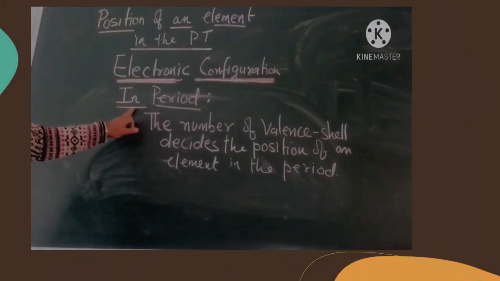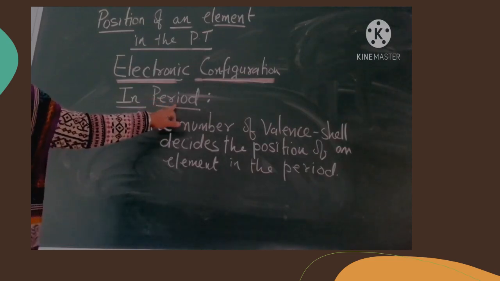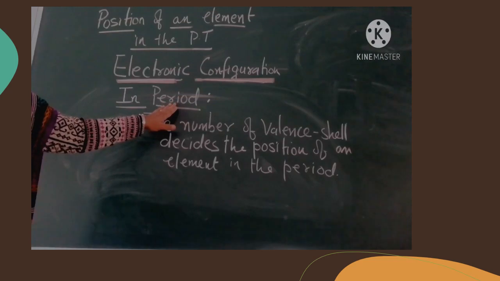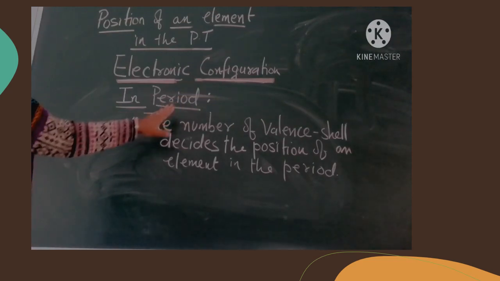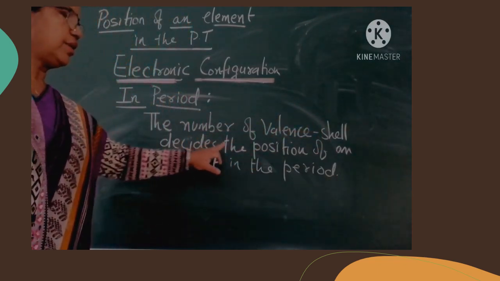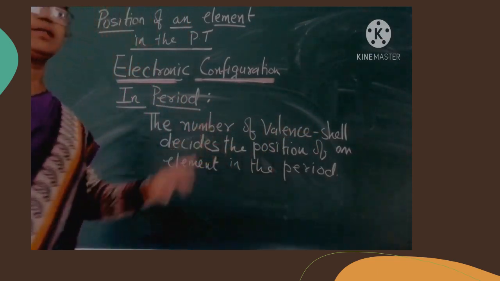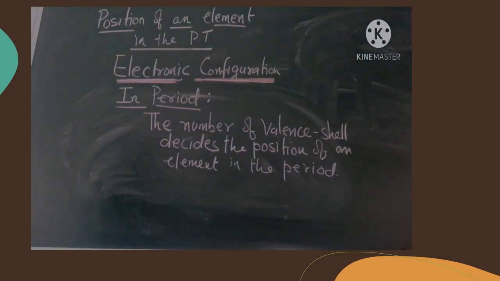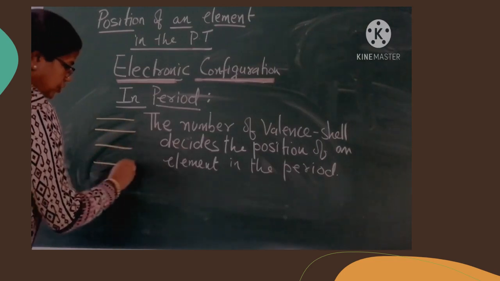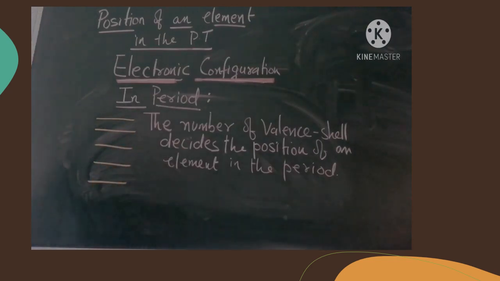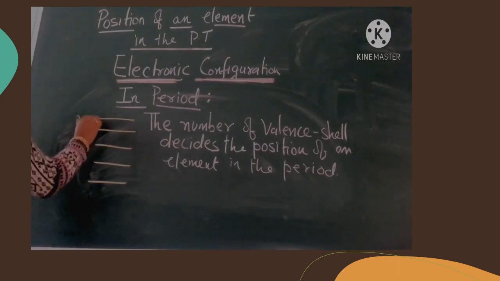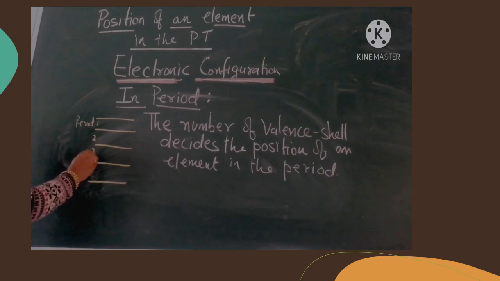Now, the position of an element in the period. How does the electronic configuration help to find the position of an element in the period? The number of valence shells decides the position of an element in the period. Children, as already heard, the 7 horizontal rows represent 7 periods. Period 1, 2, 3, 4.